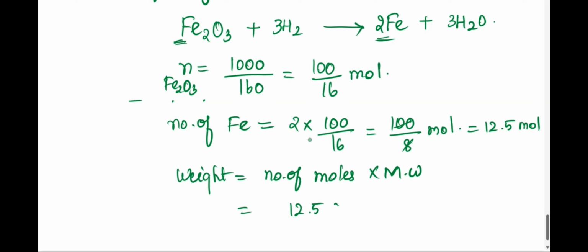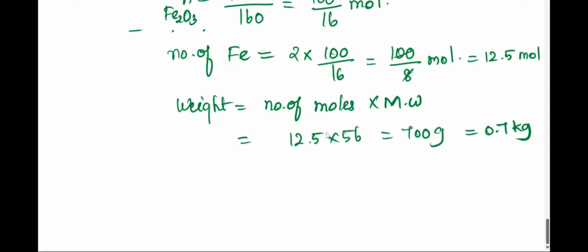So 12.5 into molecular weight of iron is 56. So it will become 700 grams, or else it will become 0.7 kilogram. So either way you must be able to answer it. Okay, this is mass to mass relationship.